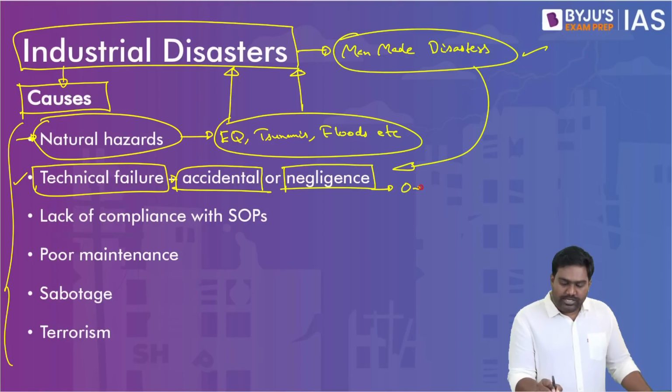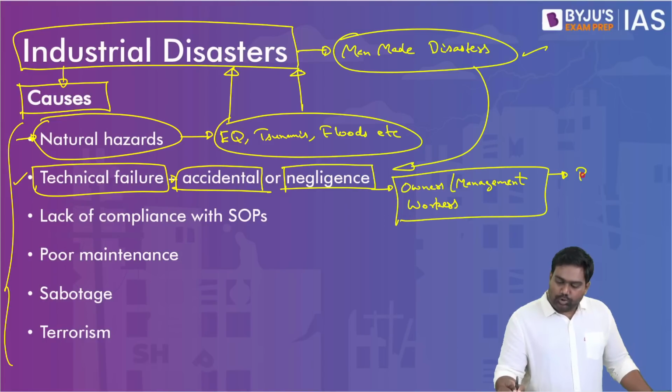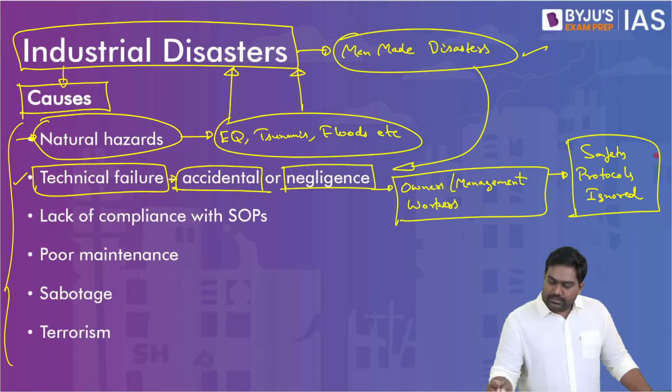Negligence by the owners, by the management, negligence by the workers, where protocols have not been followed, safety protocols have been ignored. Is that clear?